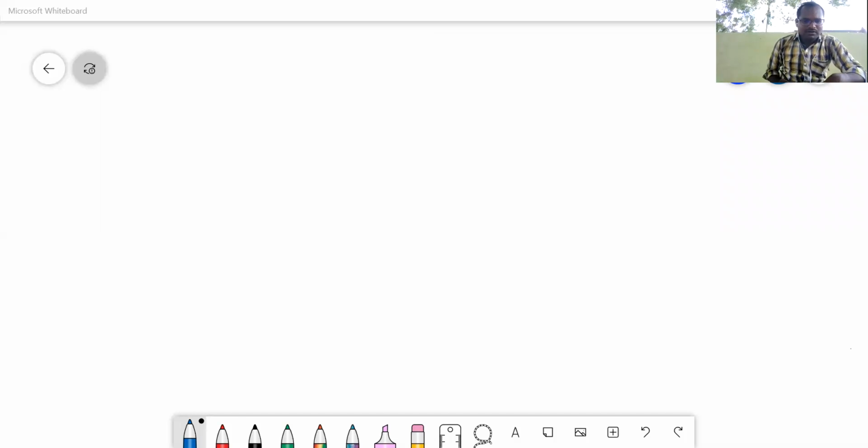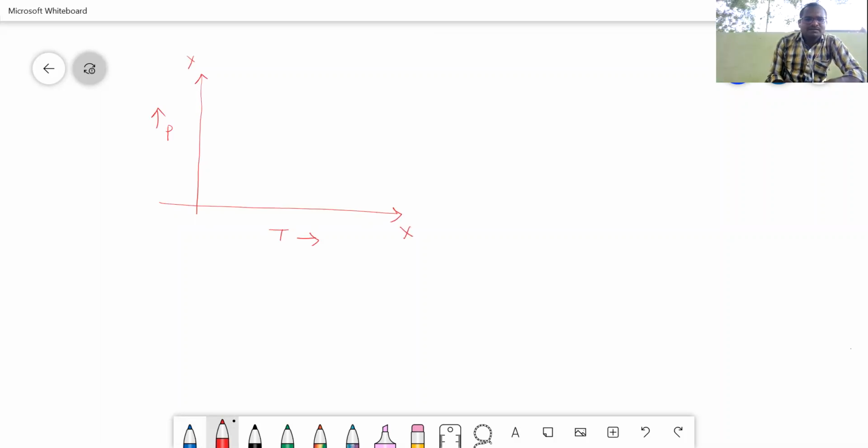Now, the question I am giving. I am giving you one PT graph. Again, a pressure and temperature graph only let us take. This is the graph I am giving you. Wait, I'll redraw this.